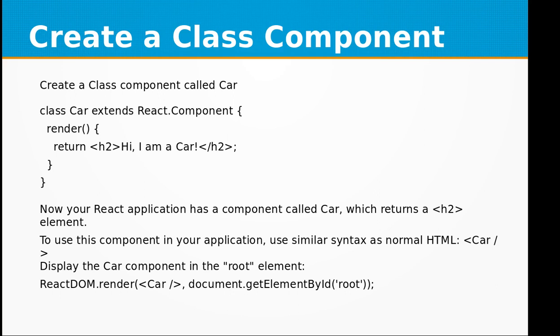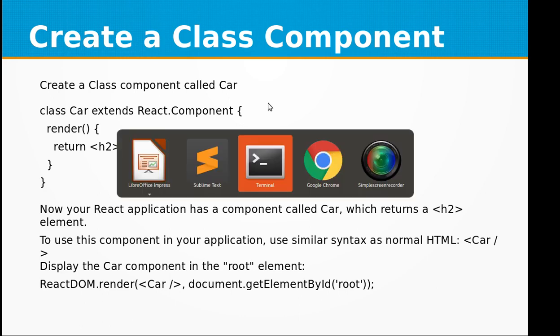To use this component in your application, use similar syntax as normal HTML, that is the Car tag. Display the Car component in the root element. So you can do it as ReactDOM.render, the Car tag, and give the target HTML element, document.getElementById root.